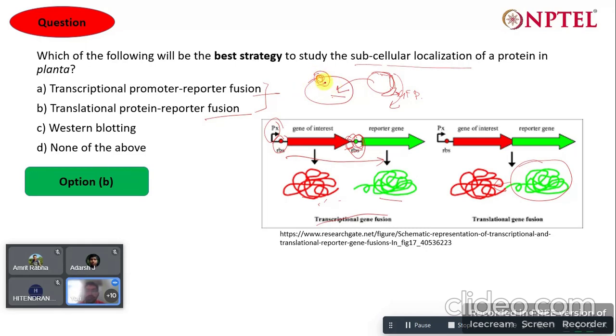After visualization under a microscope, it will be found that the reporter gene is near the membrane or embedded in the membrane. Okay, so from this we can understand that yes, the protein that we expressed is a transmembrane protein. So this is how basically these experiments are done.